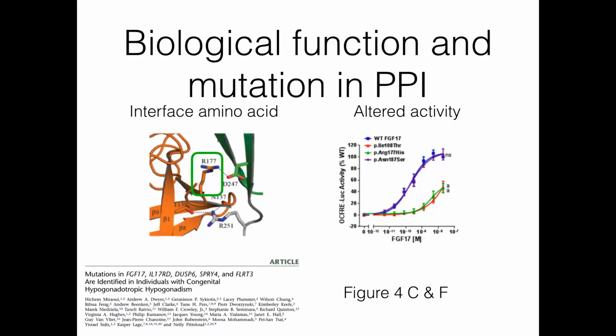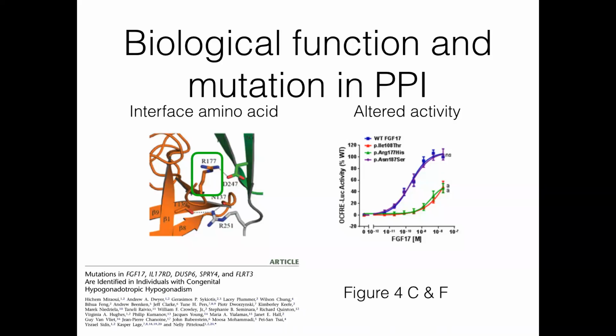However, if you look at the green line and the red line, you'll see that the activity is much lower. The green line is this particular amino acid that mutates to histidine, and the activity doesn't reach 100% at all. The purple line is just next to the wild type activity, and it's a different mutation that is not thought to be involved in the disease.